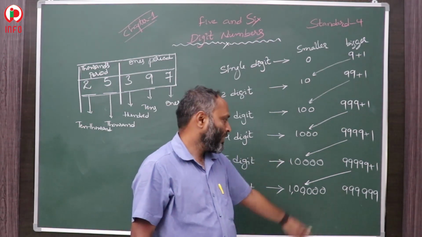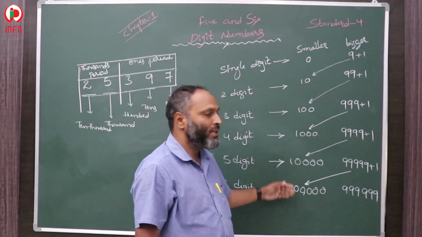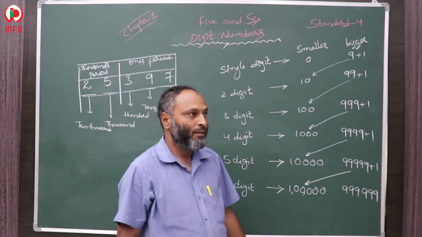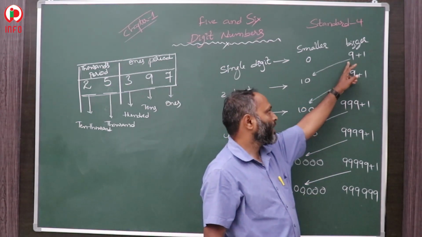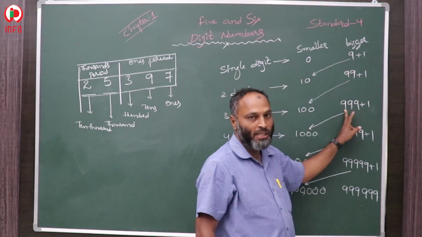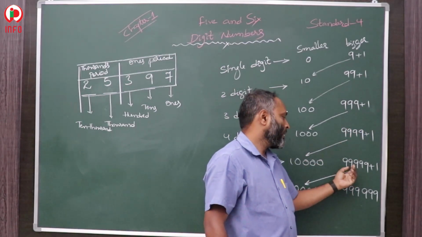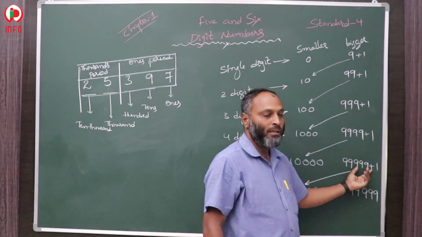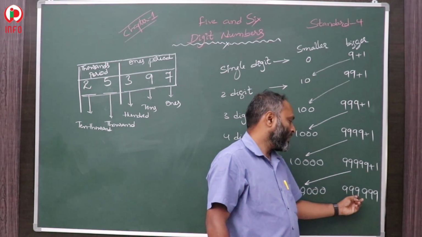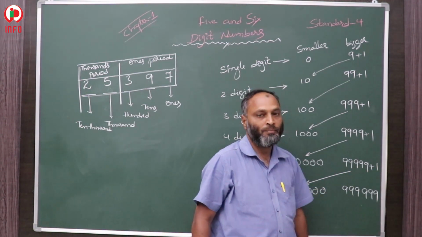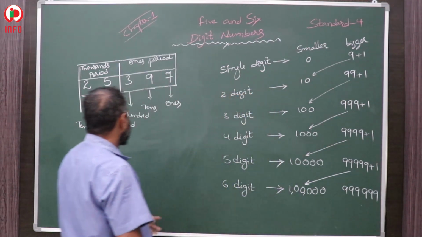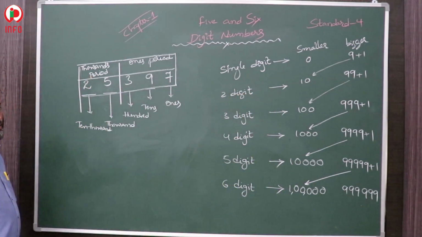In the same way, we get the 5 digit and 6 digit smaller numbers. So these are the bigger numbers: 9, 99, 999, 9,999, 99,999, 999,999.